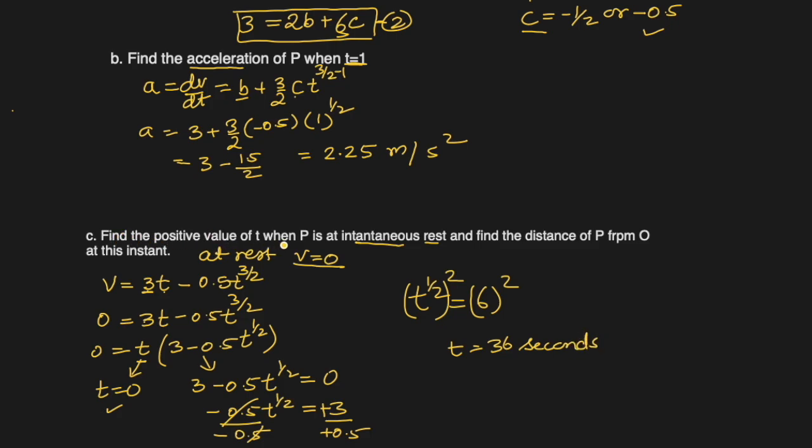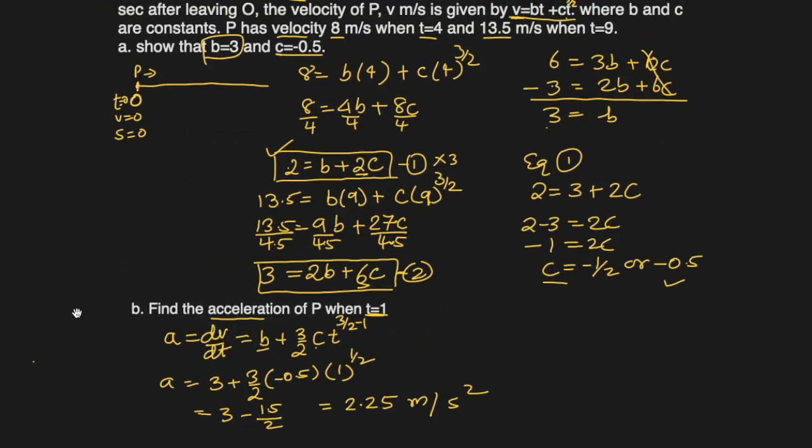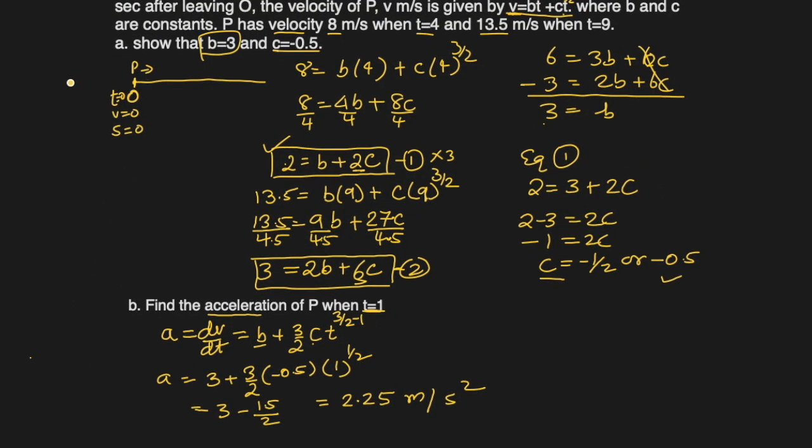So, find the positive value of t when P is at instantaneous rest, that is 36 seconds, and find the distance of P from O at this instant. So look here. Suppose it reached somewhere here, and this is t equal to 36.